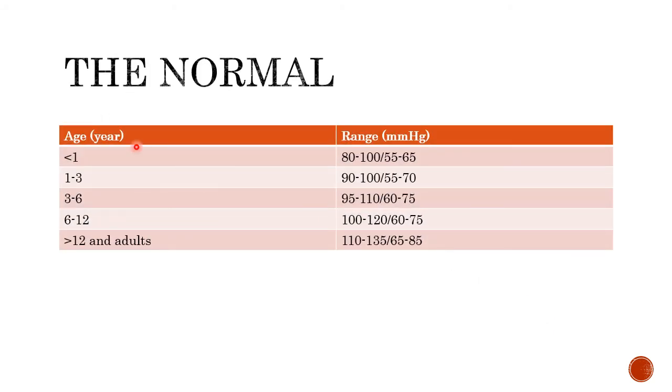You can see in this table the age in years and the range in mmHg. In general, we do consider a normal blood pressure from 90 to 135 over 55 to 90.